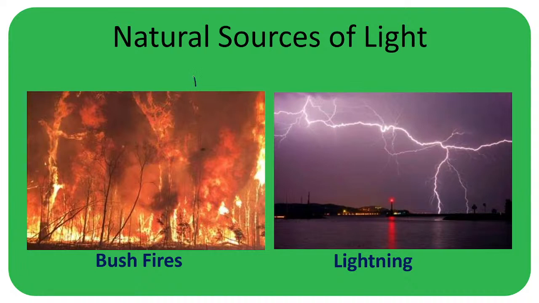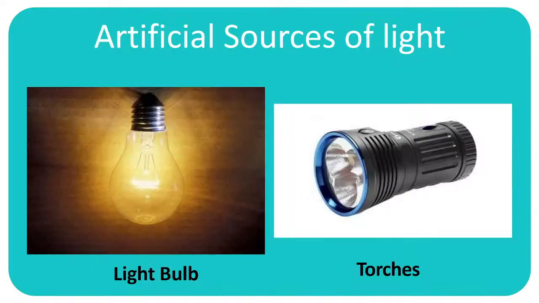So forest fire is an example of a natural source of light. More examples: lightning. You must have observed lightning and thunderstorm during heavy rainfall. Few days back there was lightning during the night time. I hope you have observed that lightning. This lightning is also a natural source of light.